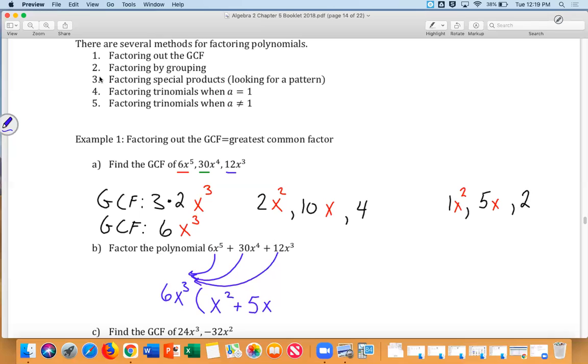And 12 divided by 6 is 2, and x cubed divided by x cubed is 1. And I'm left with that. So this is my answer, which you can kind of see from up here. You guys okay with that? So far, so good?